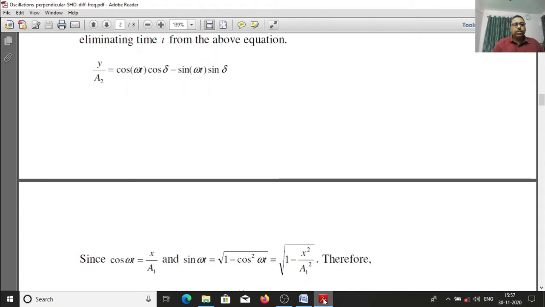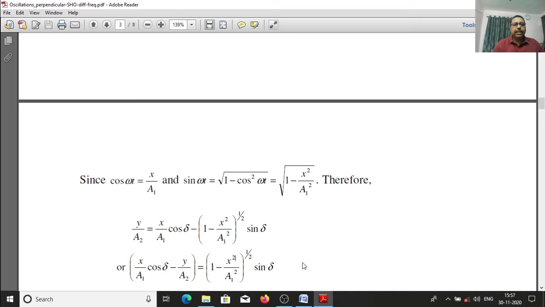Since cos omega t equals x by a1 from equation 1, sin omega t equals the square root of 1 minus cos square omega t, which equals the square root of 1 minus x square by a1 square. Therefore y by a2 equals x by a1 cos delta minus the square root of 1 minus x square by a1 square times sin delta.